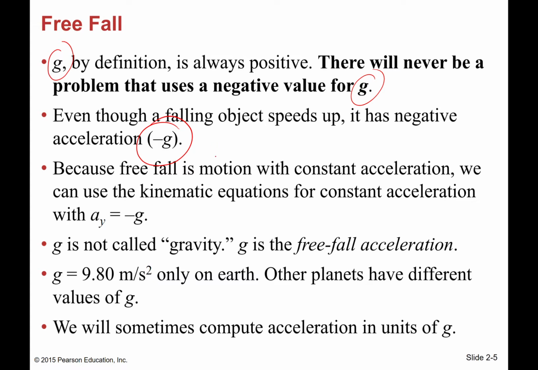If you choose a coordinate system that points up, then the direction of the acceleration of gravity is going to be negative. If you choose a system that points down, then it's going to be positive. So we can use the kinematic equations for constant acceleration to solve all problems with free fall. Those are things to remember here.